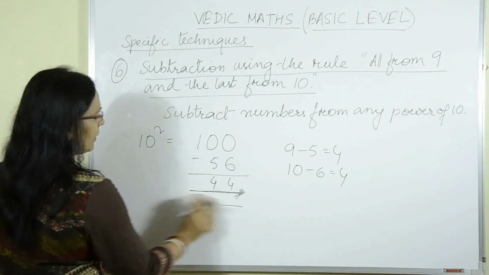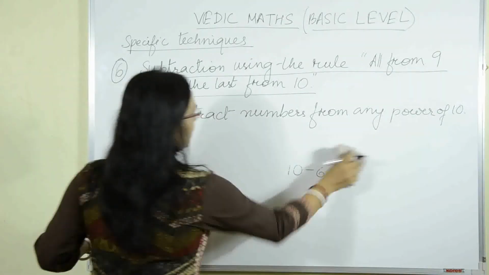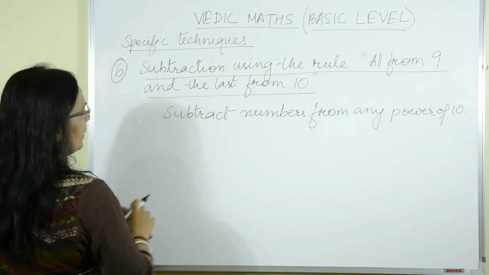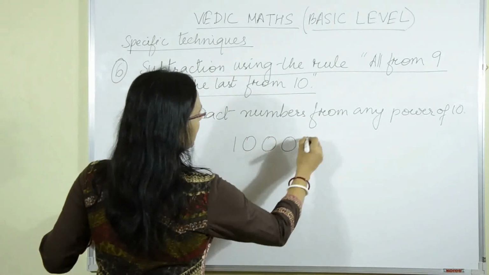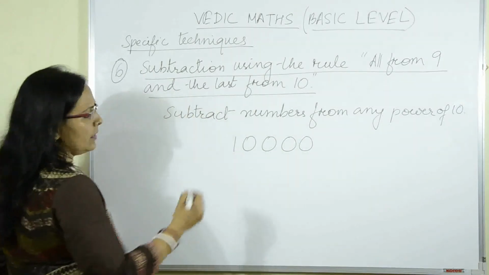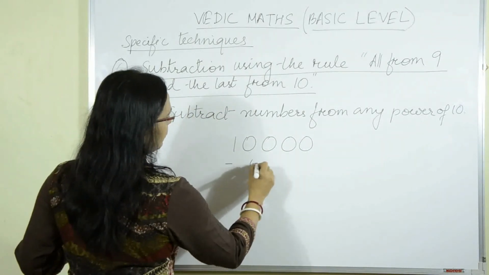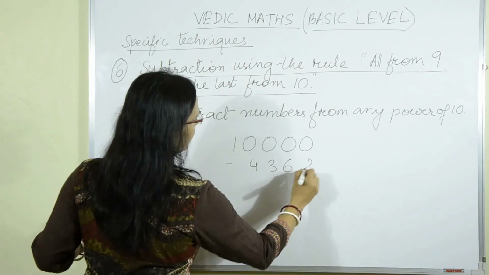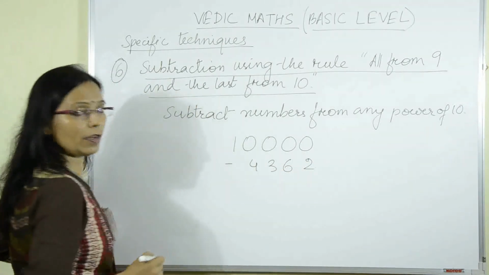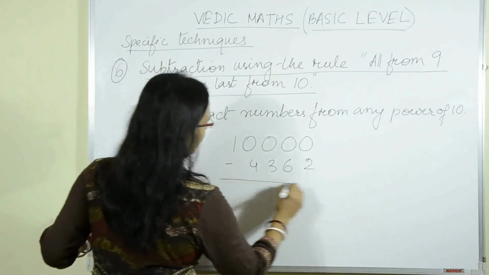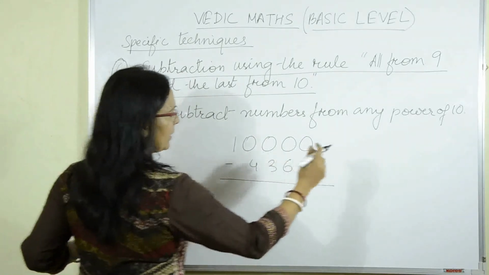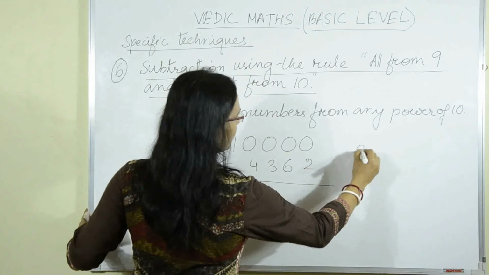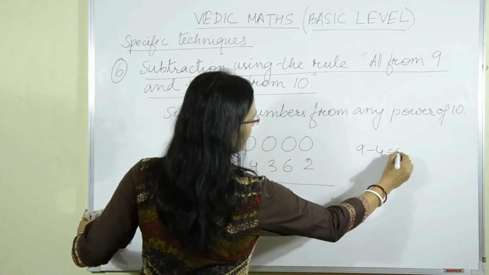Let us take a bigger number here. Say for example, I take a higher power of 10. Say I have 10,000 minus 4362. How to do it? As I told you, I start from the left hand side, all from 9. So 9 minus 4 is 5.